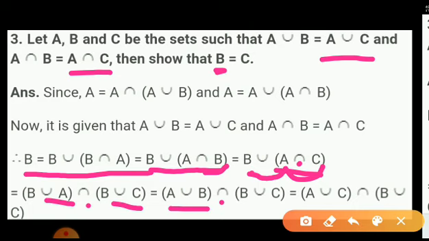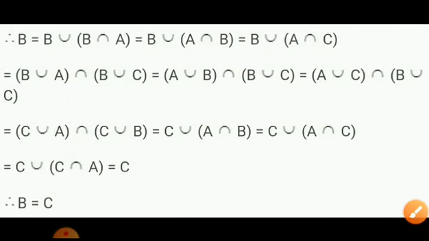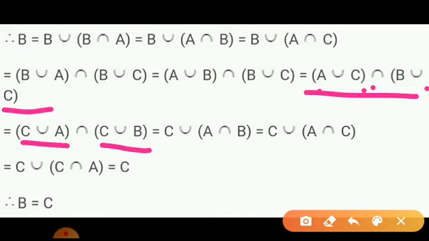Now, can I write it again as, see, till this we have seen. Now, A union C is the same as C union A, commutative property. Intersection, B union C is the same as C union B, commutative.